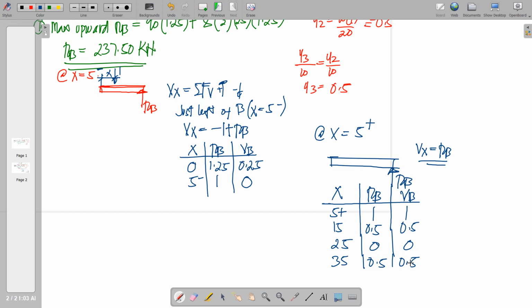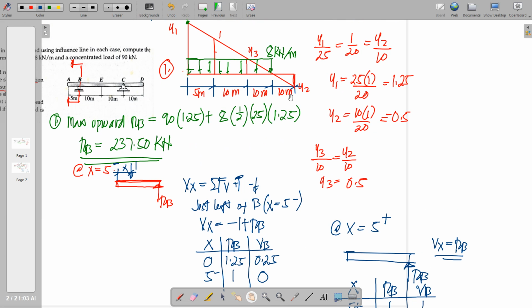So it will just follow this diagram when it is exceeding B, just right of B.